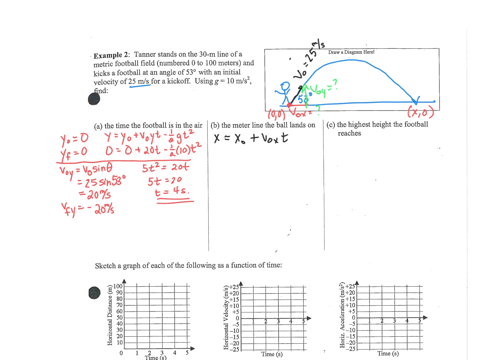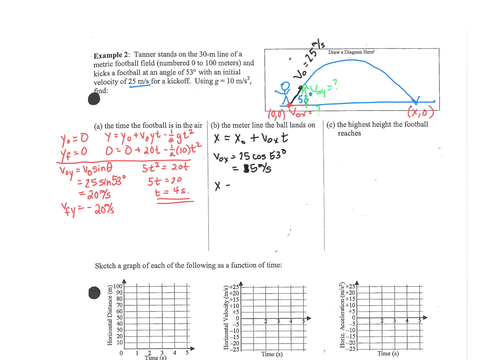Well, v initial in the x direction is going to be equal to v, which is 25, times the cosine of 53 degrees, which is equal to 15, excuse me, 15 meters per second.